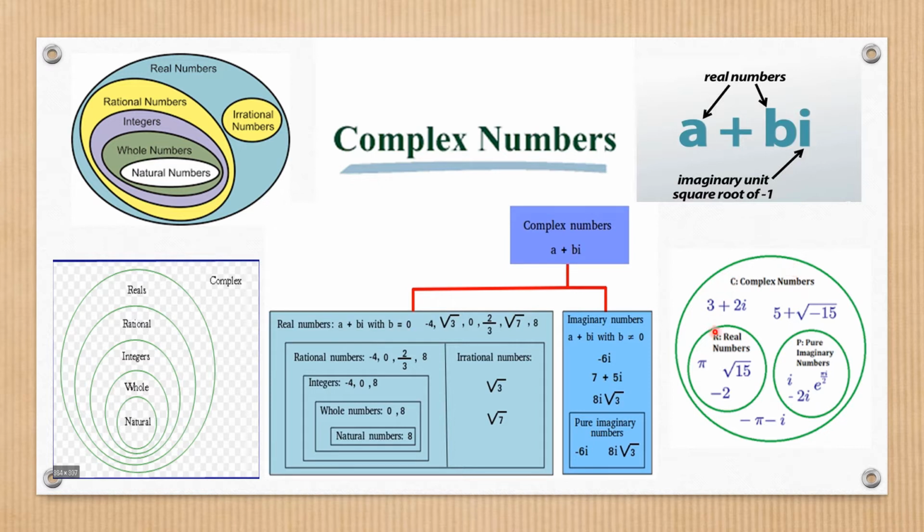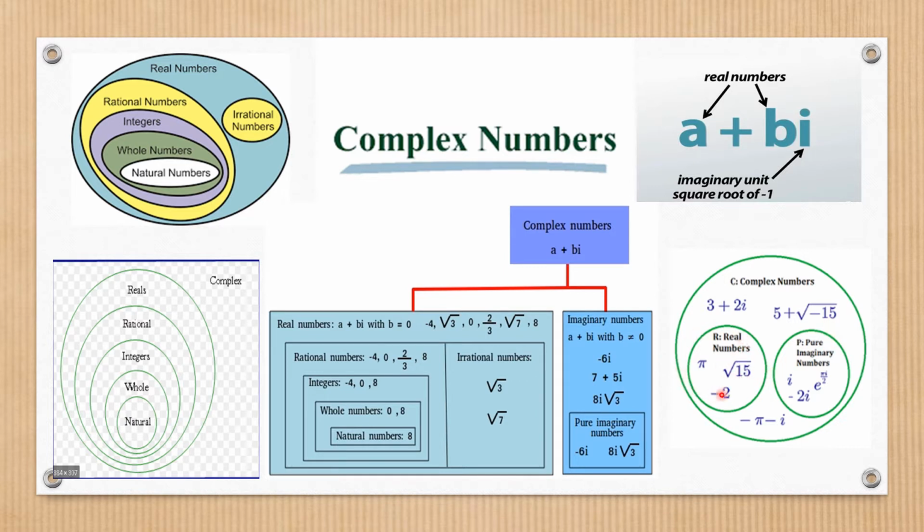So let us see what kind of complex numbers are there. They will be numbers of the form a + bi, where a and b are real numbers, like 3 + 2i, or 5 + √-15, because the root of -1 gives me i. Inside the root, if some negative number is there, then it will give me i.